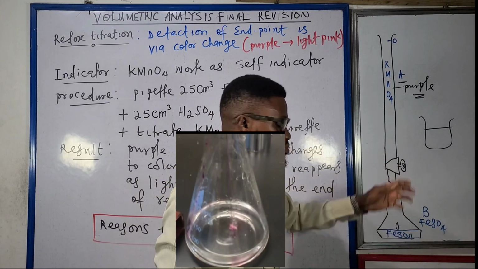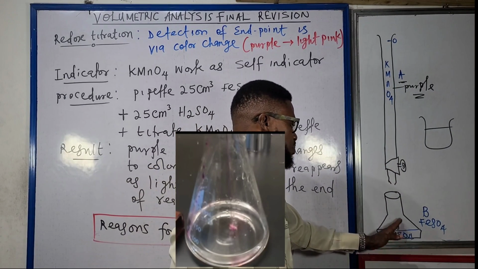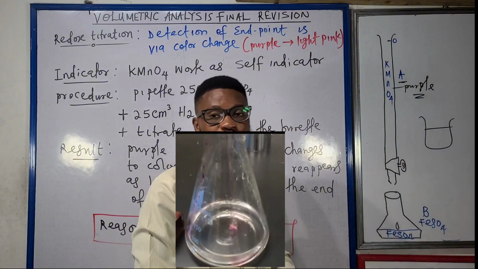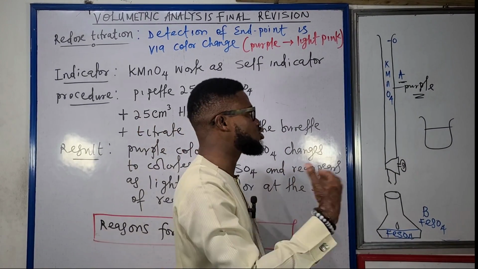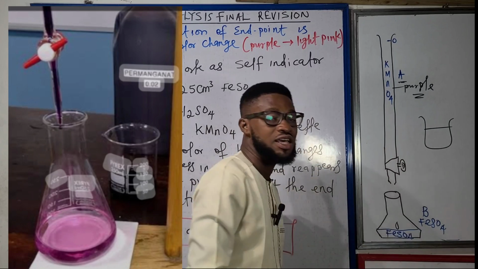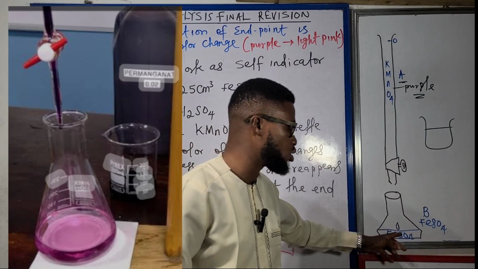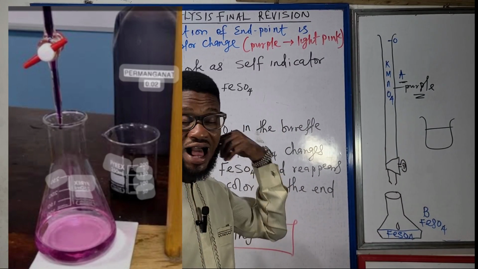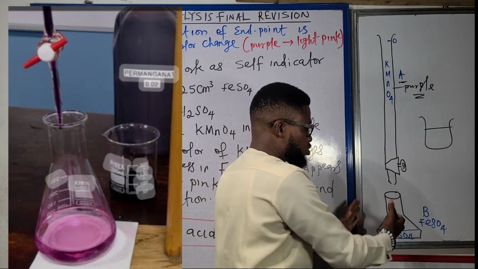Once you swirl and mix together, everything turns colorless, and that is going to continue until a point is reached where a few drops just do not turn colorless, even when you swirl and mix the whole mixture together.